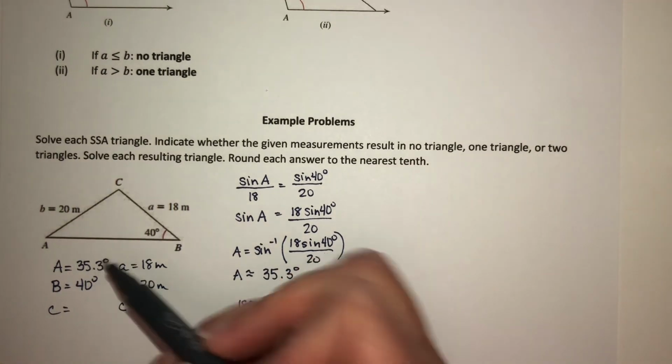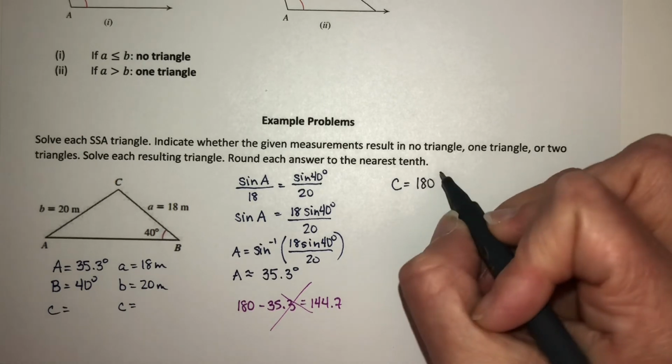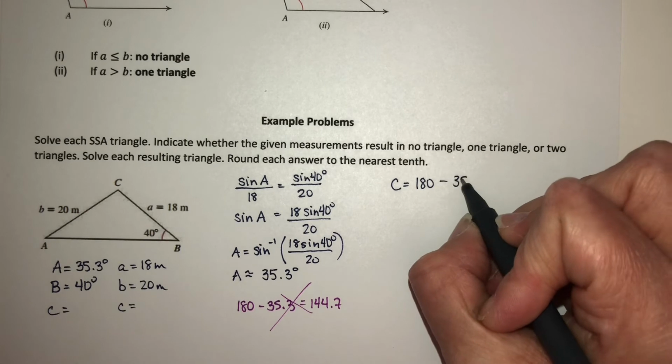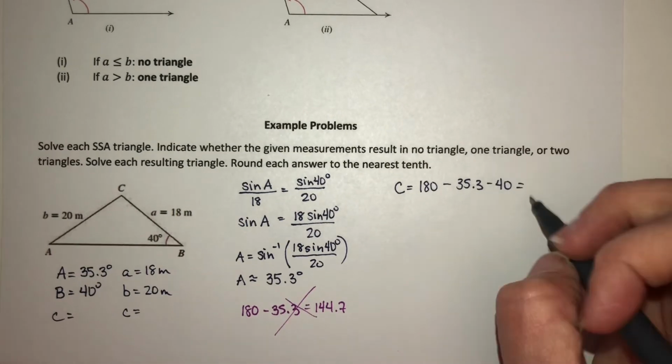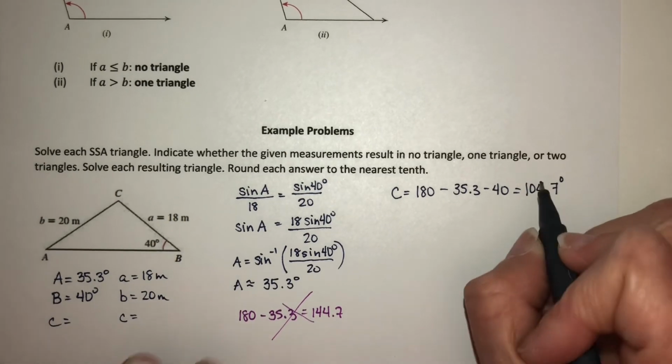Now, since we have two angles, we find the third one by subtracting from 180. 180 minus 35.3 minus 40, and you get 104.7 degrees.